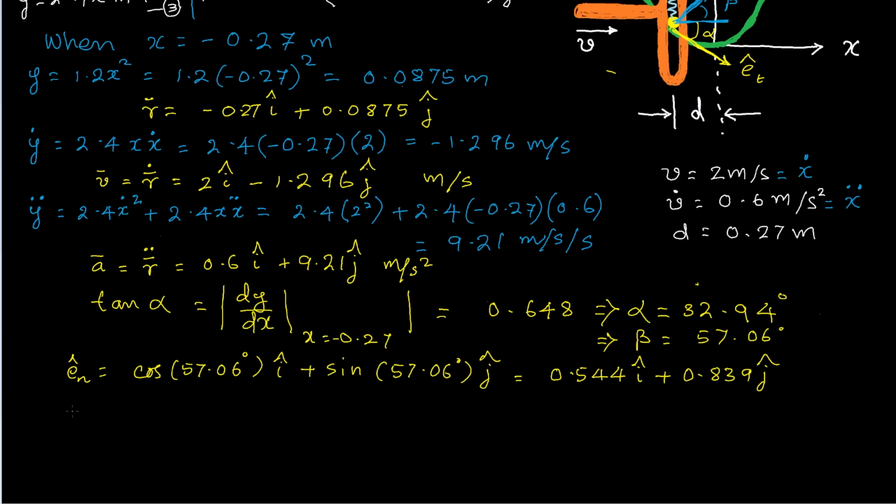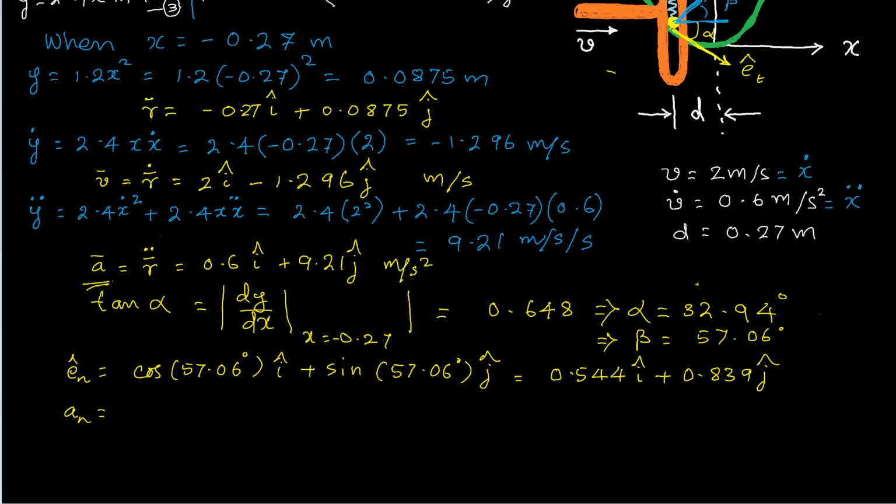Then we can calculate the acceleration in the normal direction to the track. Its magnitude basically is the acceleration which we have got now.